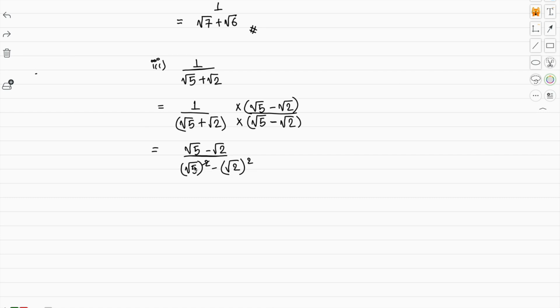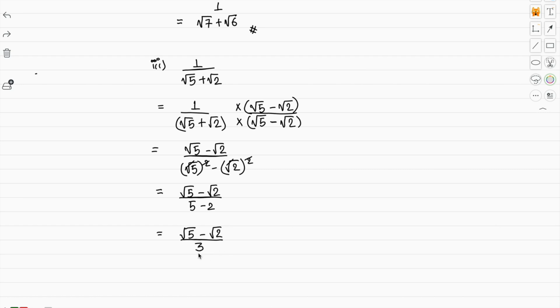Again, we can cut this square and square root, and we have in the numerator root 5 minus root 2. In the denominator we have 5 minus 2, so we have root 5 minus root 2 divided by 5 minus 2, which is 3.